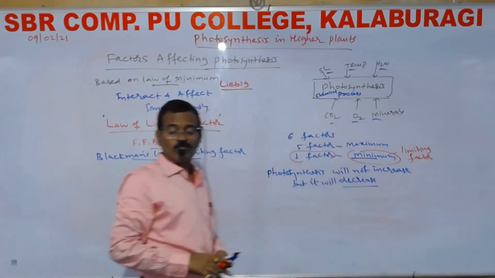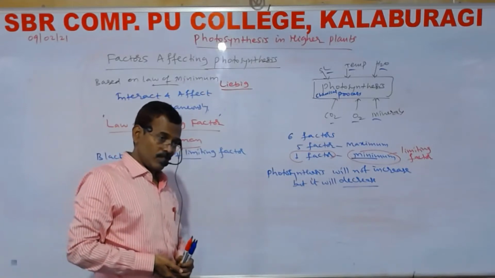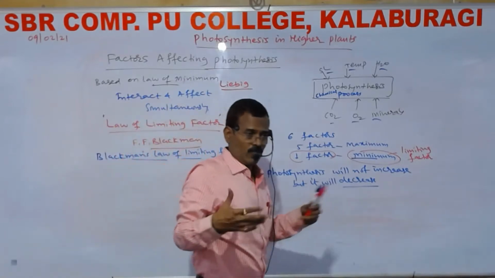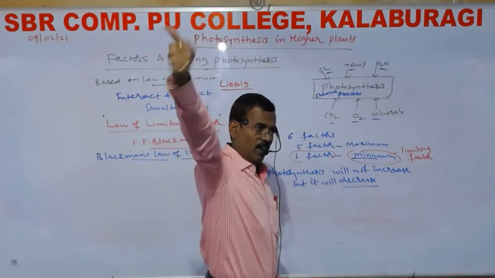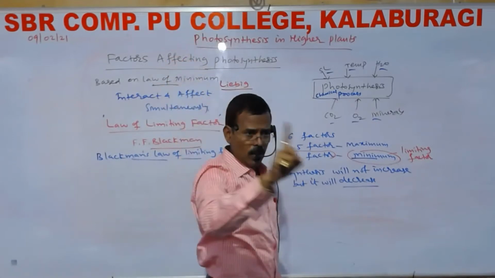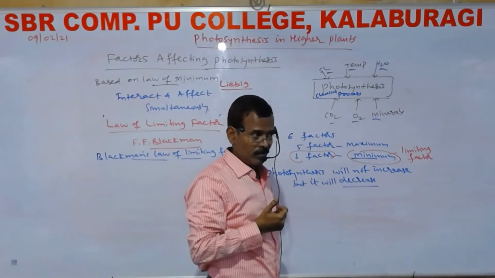The rate of the photosynthesis process is influenced by several factors. Out of the six factors, five are available in maximum, and only one factor is available in a small amount.